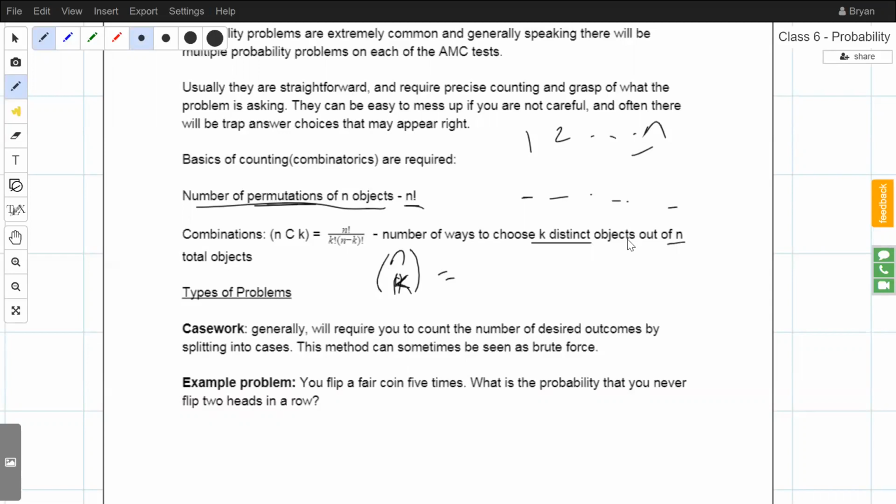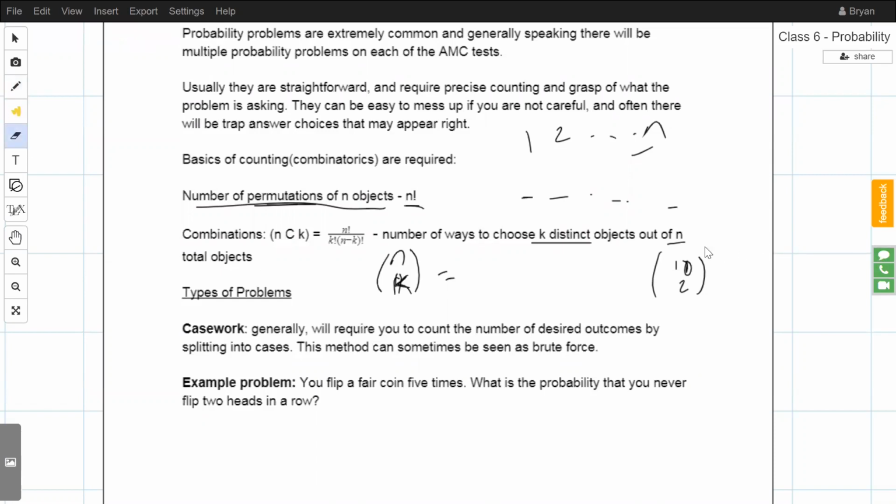So if we're told that we want to choose 2 distinct numbers between 1 and 10 inclusive, then this is equal to 10 choose 2, which is actually equal to 45.